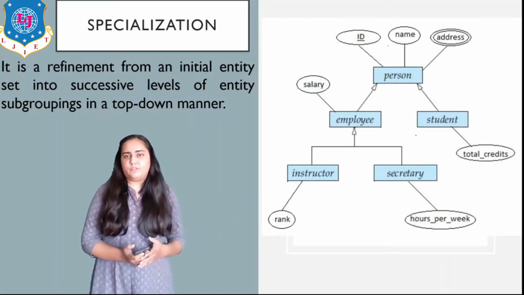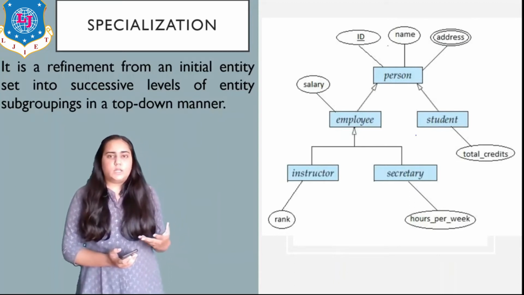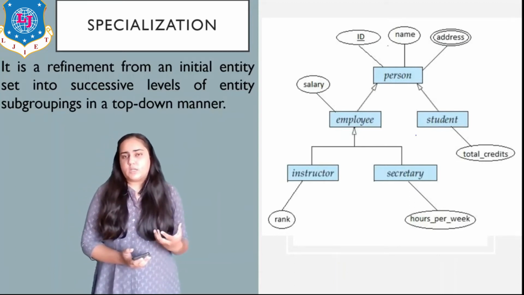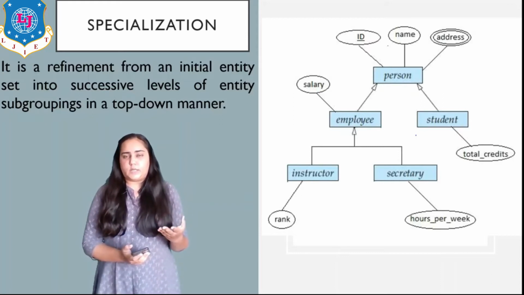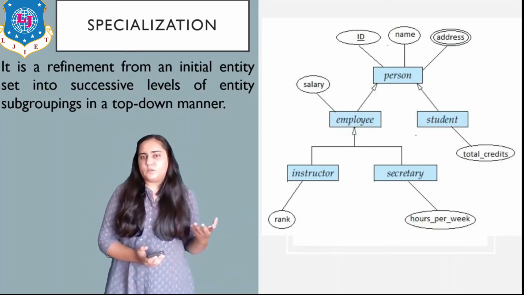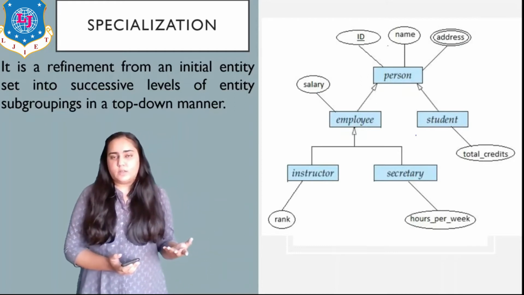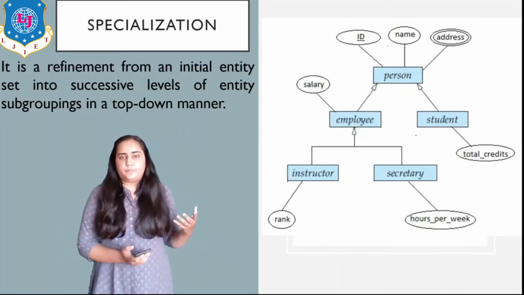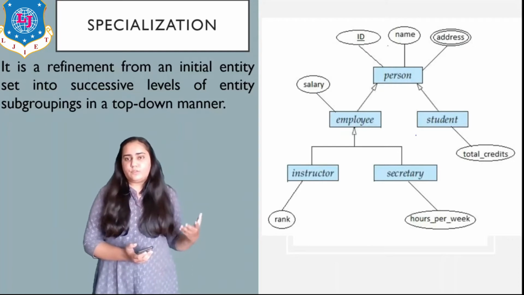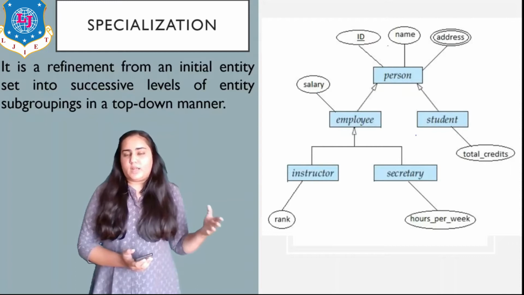For example, if you're designing a database for a university and initially you only recognized a person entity set. But then after creating the person entity set, you realized that not every person has a salary or total number of credits, because every person may be a different entity.